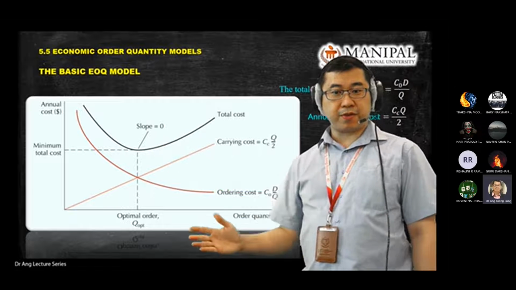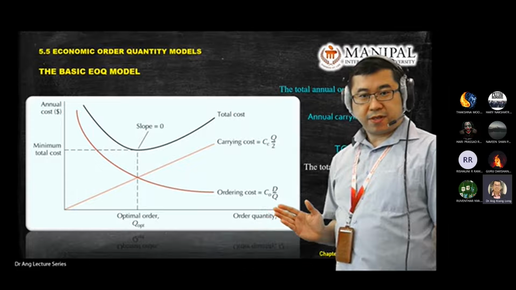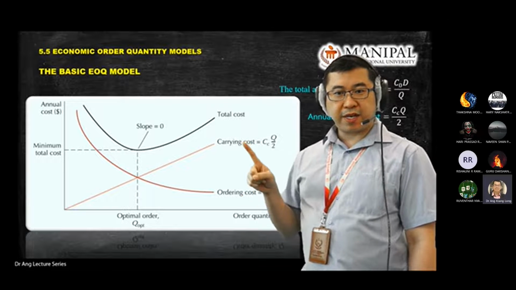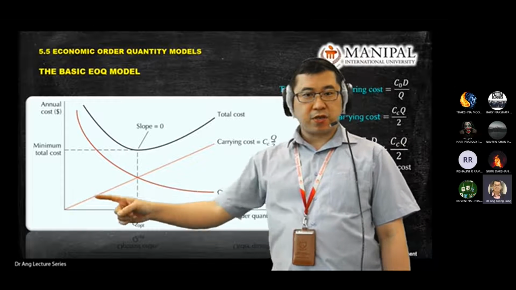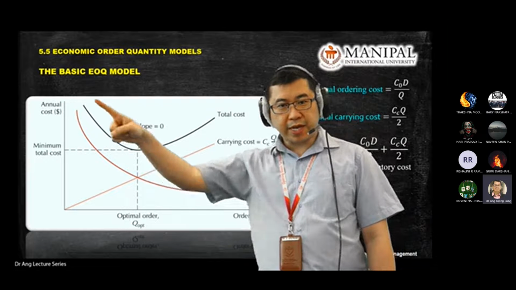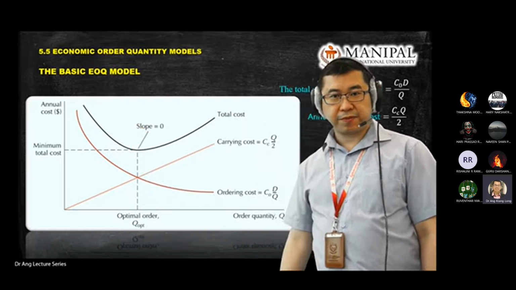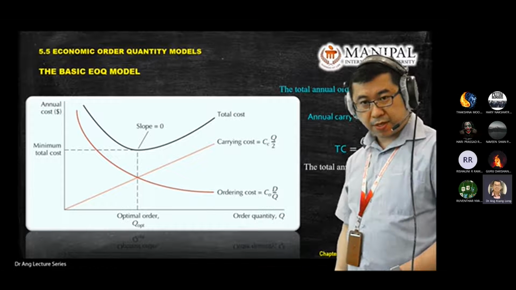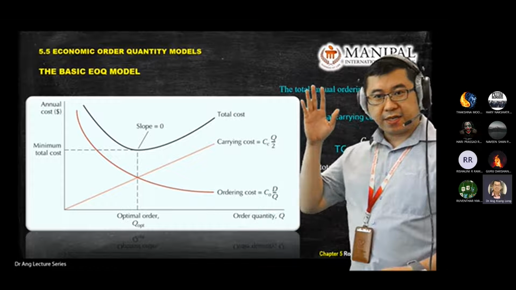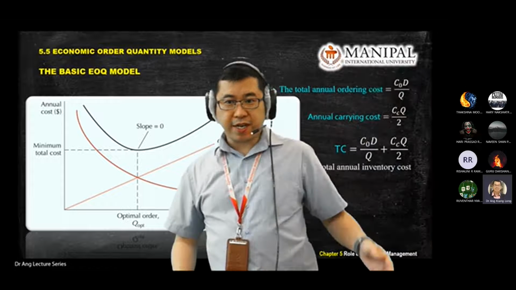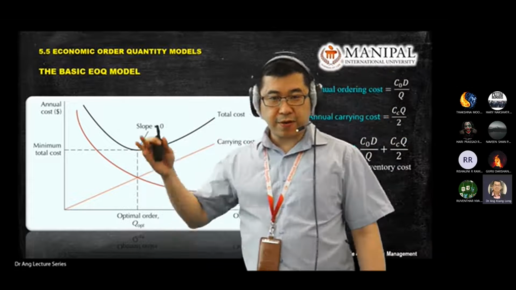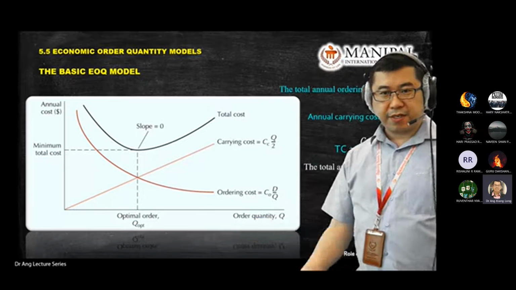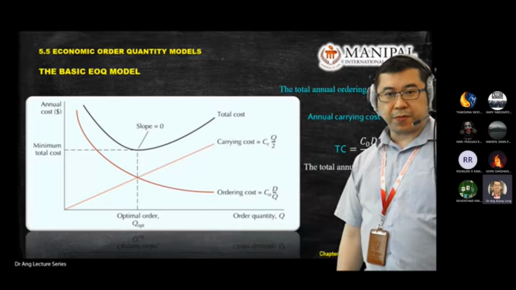The shape of the graph makes sense to you? Right, you are combining two parameters here, carrying and ordering cost. You combine the two costs together, you get the black color line. Okay, I think you have this one in your handouts. You're going to apply information on these slides, either the equation or the graphical presentation, in the tutorial or in the example.